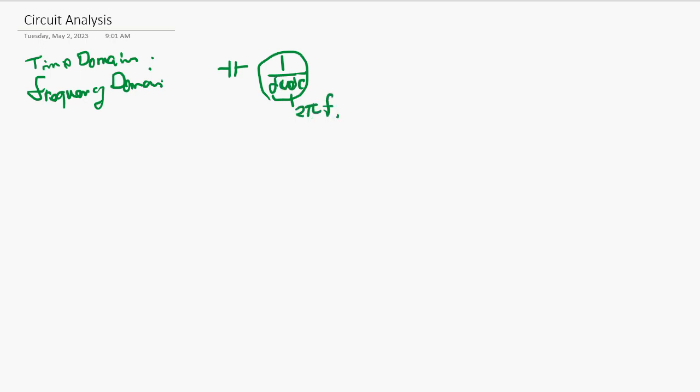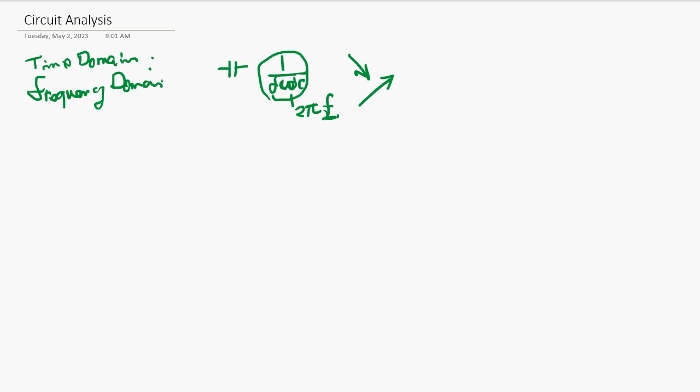So frequency affects this impedance. For the capacitance, when f is very large, the impedance value decreases. At very low frequency, the capacitance impedance value increases.